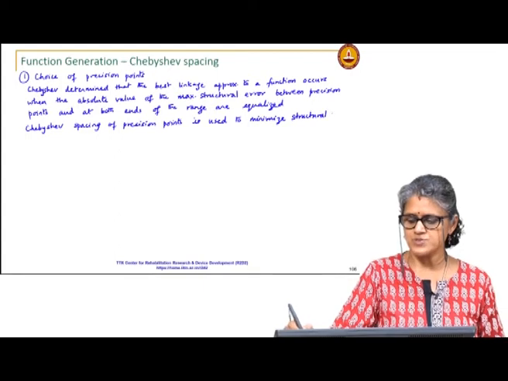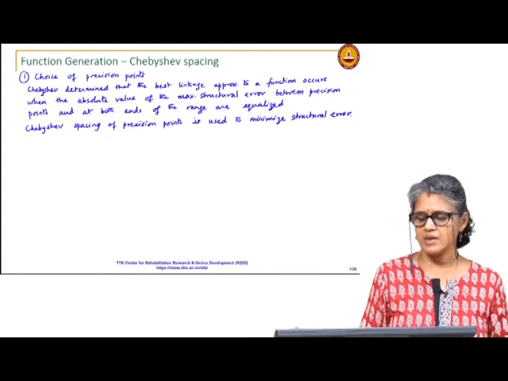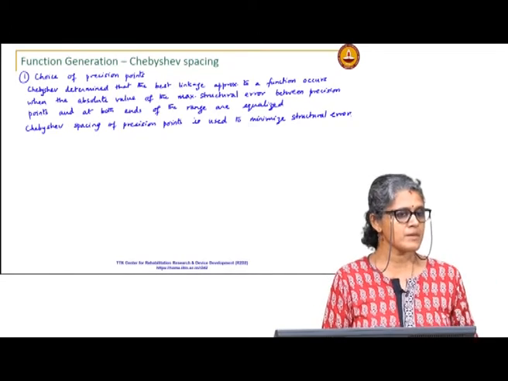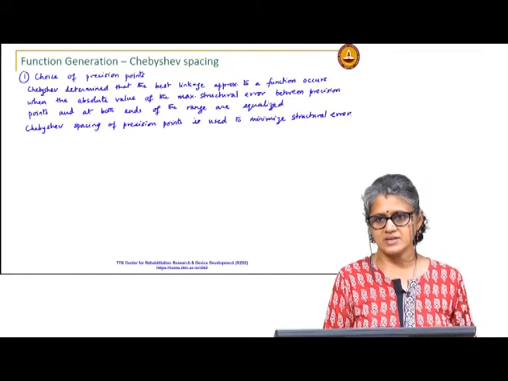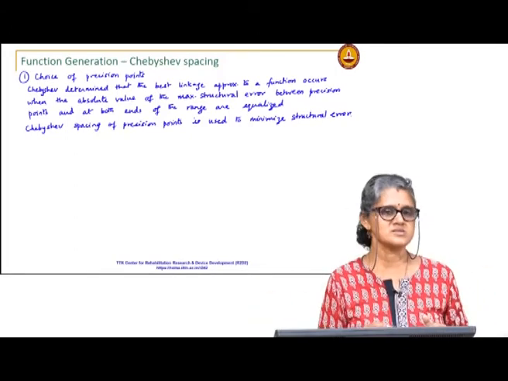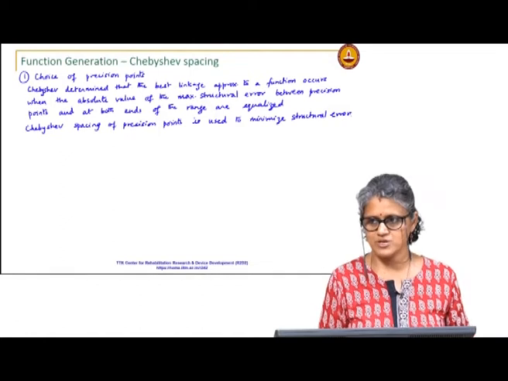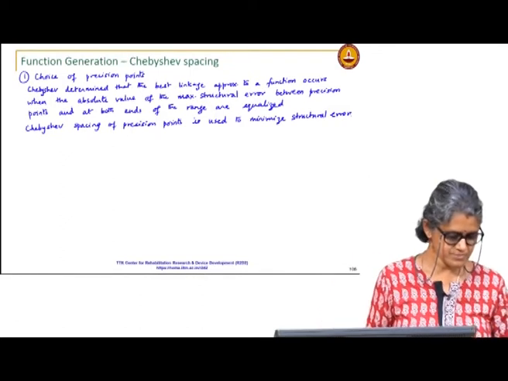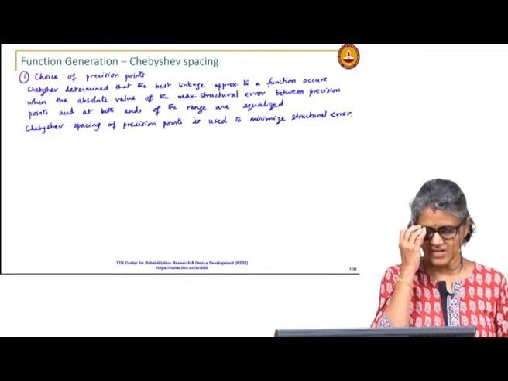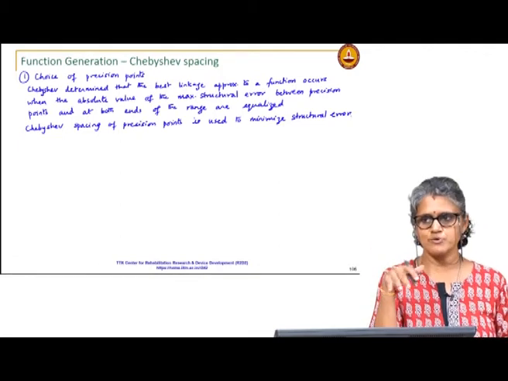So, you choose the precision points in a specific way to minimize the structural error, and then of course you know how to do the synthesis for a specified number of precision points. And this is actually like a first step approach.